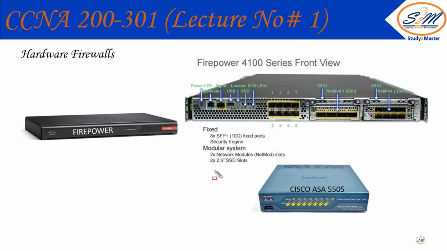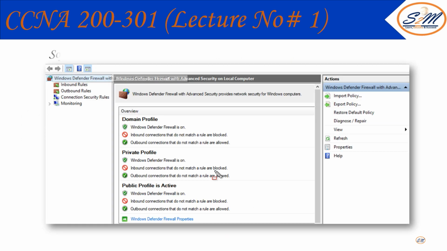Now let's go to the next slide and see what the software firewall is. A software firewall is a built-in firewall designed in a Windows machine. So Microsoft designed it. The operation and the job of the firewall are the same. Here also we have two rules: inbound rules and outbound rules.